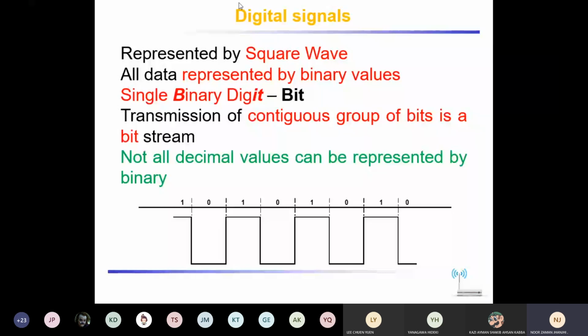And from the digit, IT is bold for your better understanding. So bit is formed in this way. Transmission of different groups of bits is a complete stream which is continuously going to happen, that you can see from this figure.